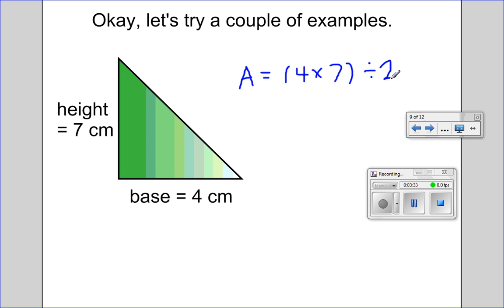So we can say 4 times 7 divided by 2. Well, 4 times 7 is 28, and 28 divided by 2 is 14. So our area is 14 centimeters squared. Very important.